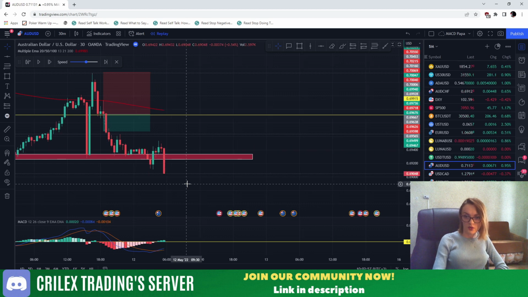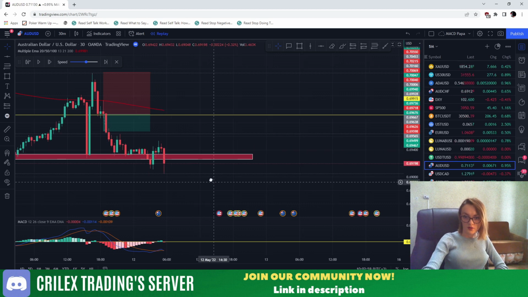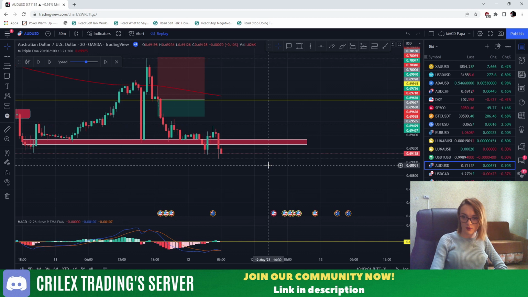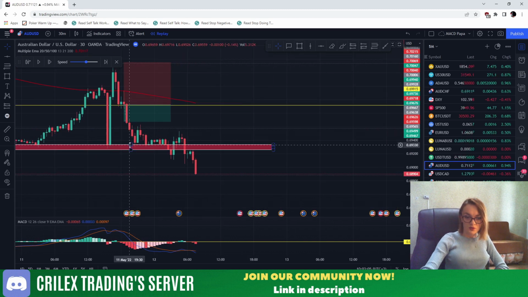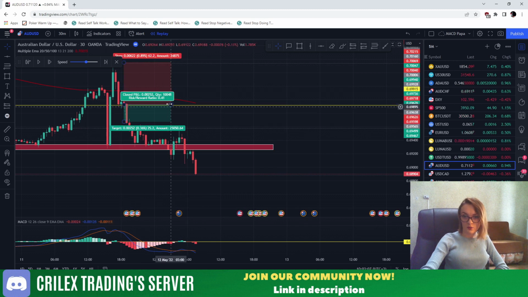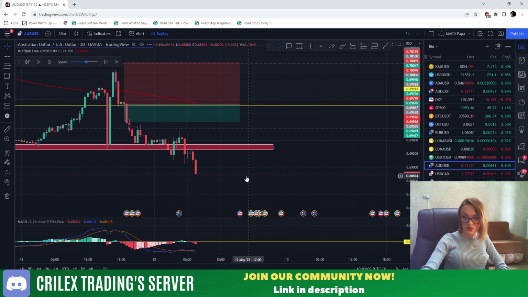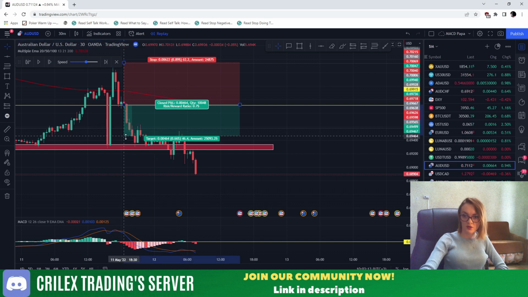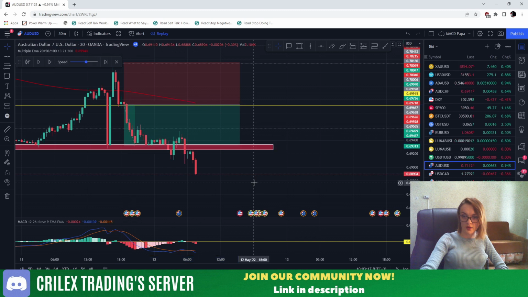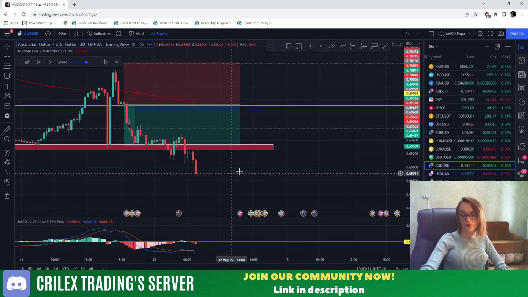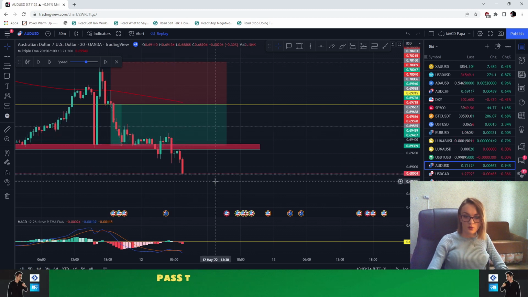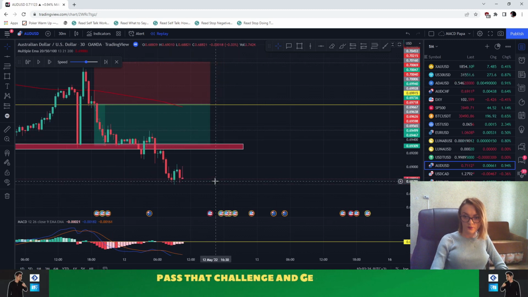For the moment it was consolidating here, but it is trying already to break this zone. Actually that was only a fake out, but yeah, maybe we will be involved in a good sell position, and we are, because as you can see here, the price already broke this zone nicely, so we can safely move our stop loss somewhere around 1-to-1 in this zone here, because the price already broke this zone.